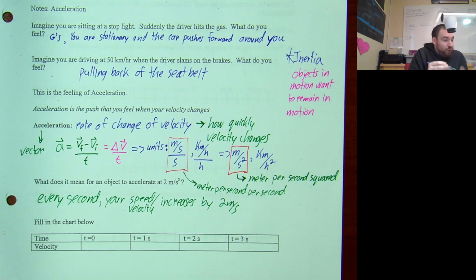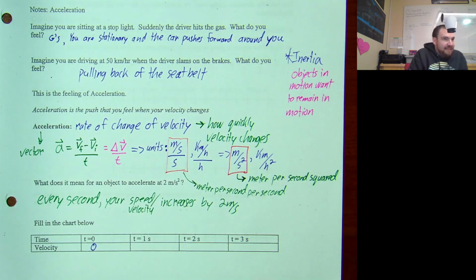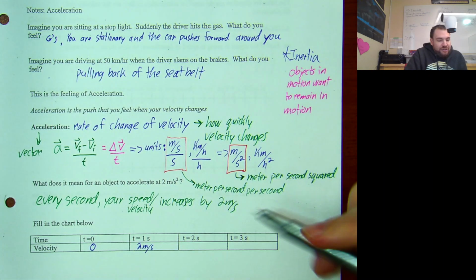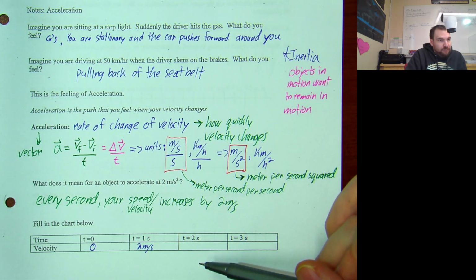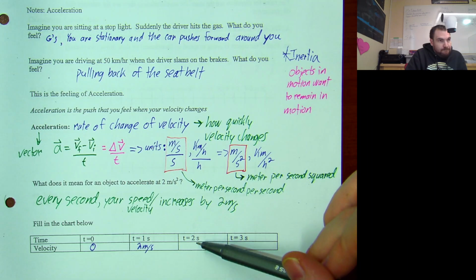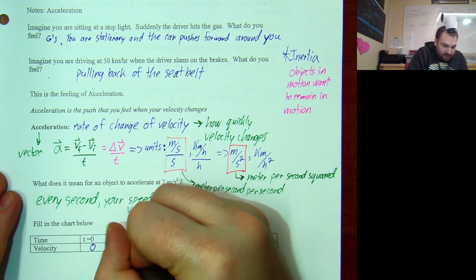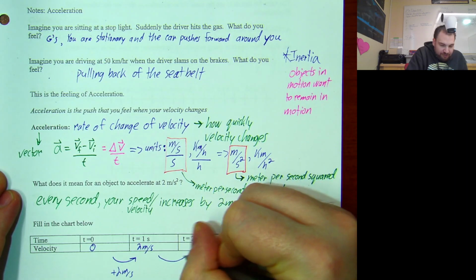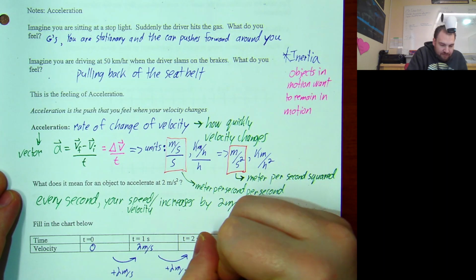So, assuming that we're not moving at the beginning, if I tell you that we're accelerating at 2 meters per second squared, how fast are we going after 1 second? 2 meters per second. At 2 seconds, how fast are we going now? We increased by 2 meters per second, and now this second, we're going to increase by 2 meters per second.